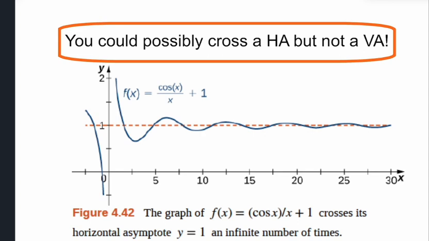On the right end we are heading to a height of 1, so it has a horizontal asymptote at 1. But you see that it crosses it multiple times, while it keeps getting closer and closer. So you could possibly cross a horizontal asymptote, but you're never going to cross a vertical asymptote. So be careful of that. If your graph crosses it but you come back down to it, that's okay.